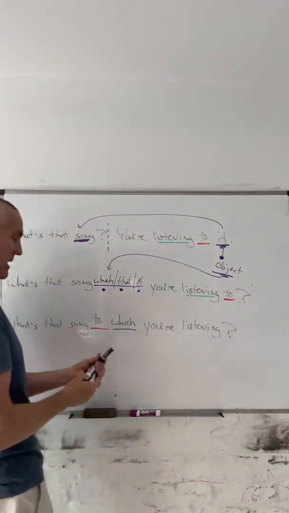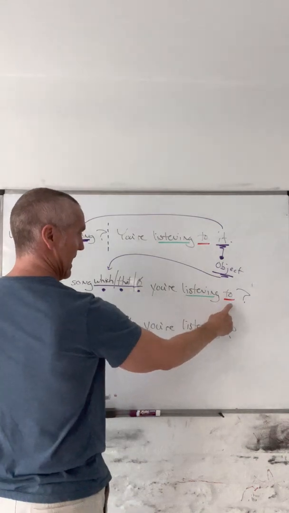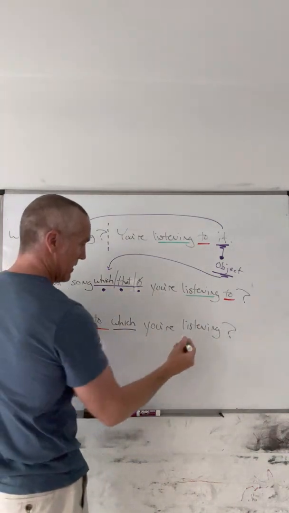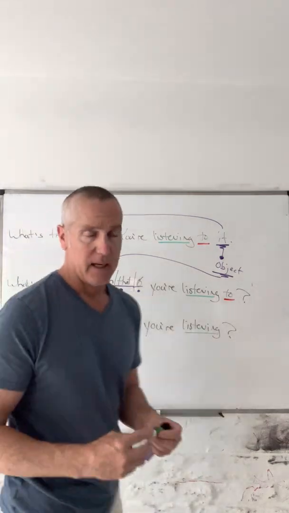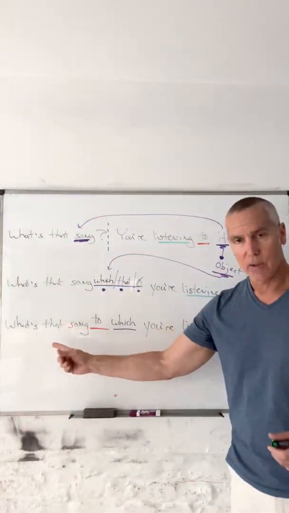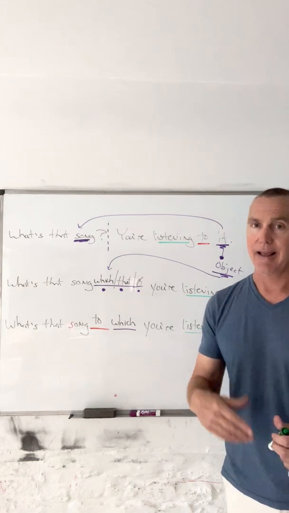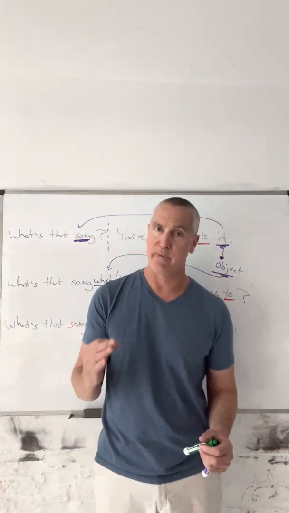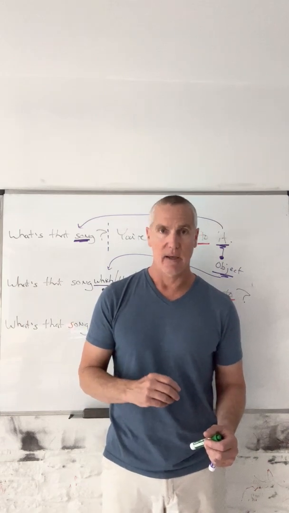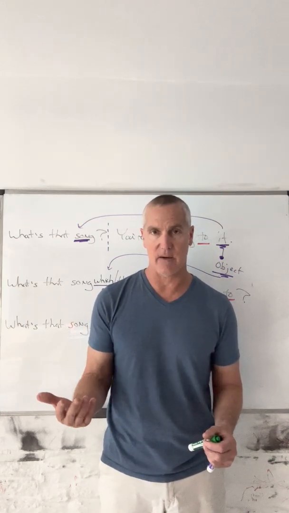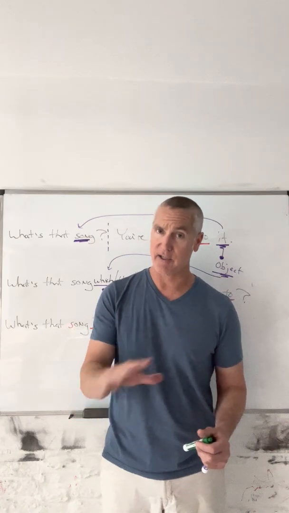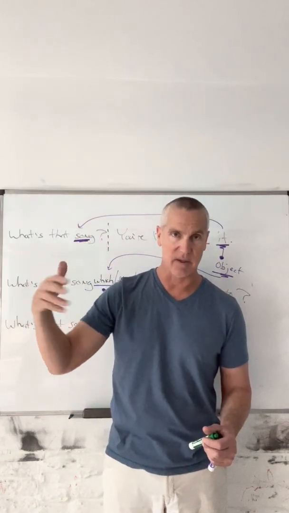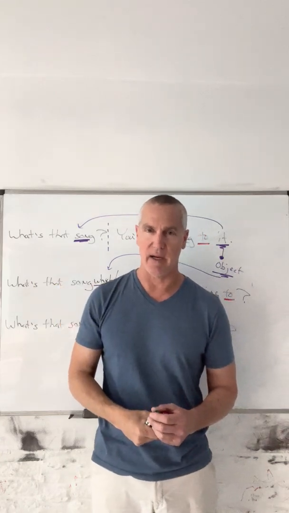Now, in this case, what you're doing is you're just using that preposition to introduce the adjective clause. There's the verb. Guys, this right here, what's that song to which you're listening? That would be a very, very formal context. It's not common to hear that, especially around here where there's a lot of non-native speakers. That would just be a very rare combination to hear.